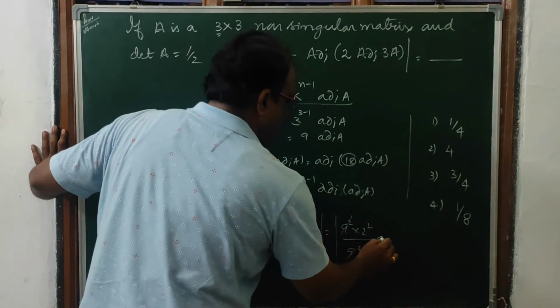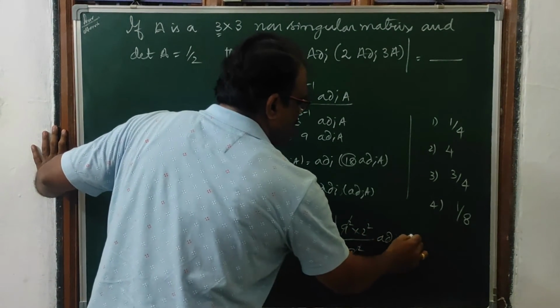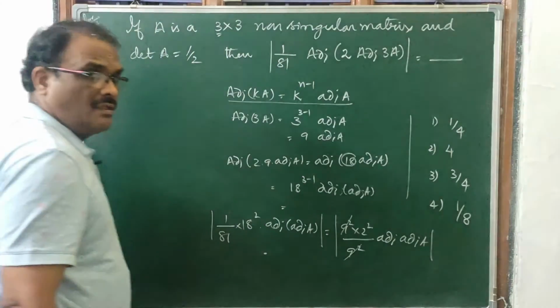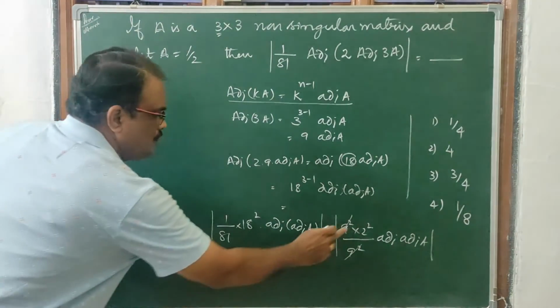The 9 square gets cancelled, leaving adjoint of adjoint A. 2 square is 4.